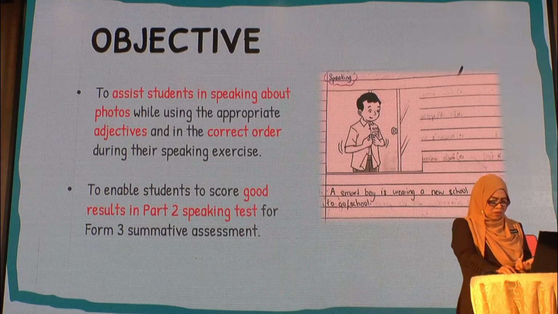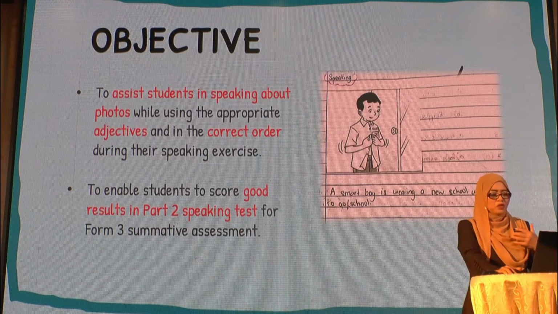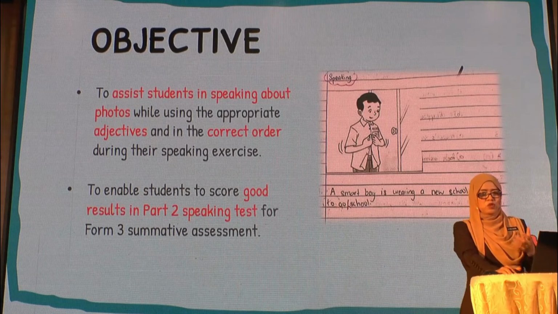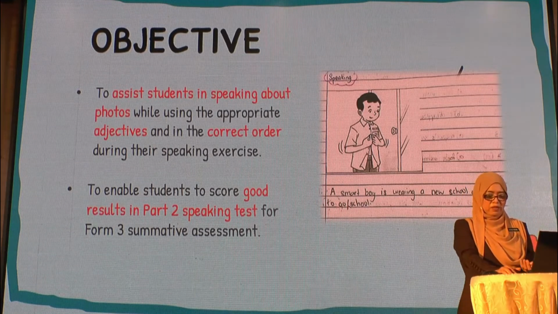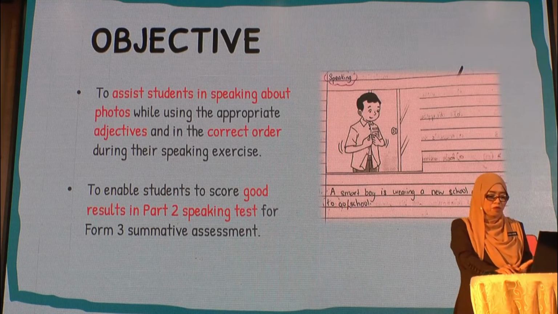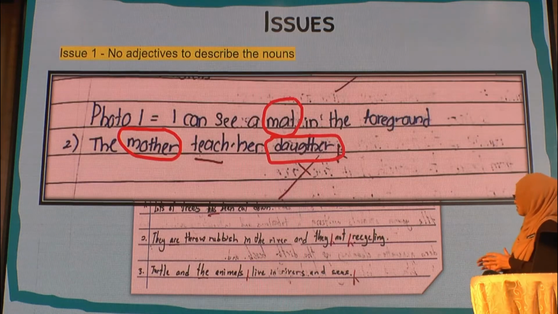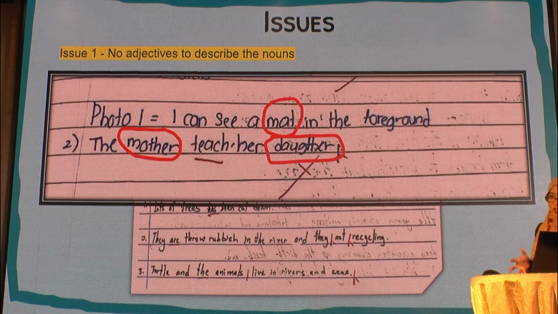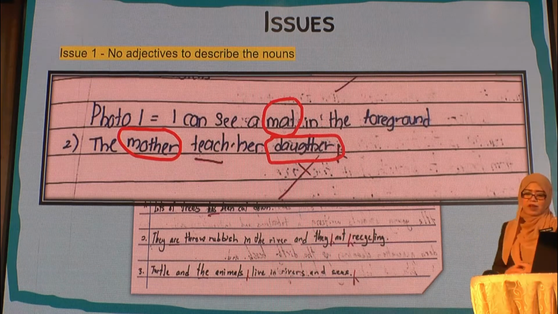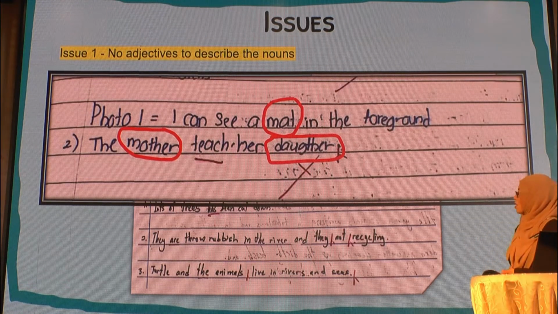Now, why did I decide to come up with this idea to get my students to be able to speak, to be able to describe the photos? These are the issues that I have identified in my class. The first issue is there is no adjective to describe the noun.